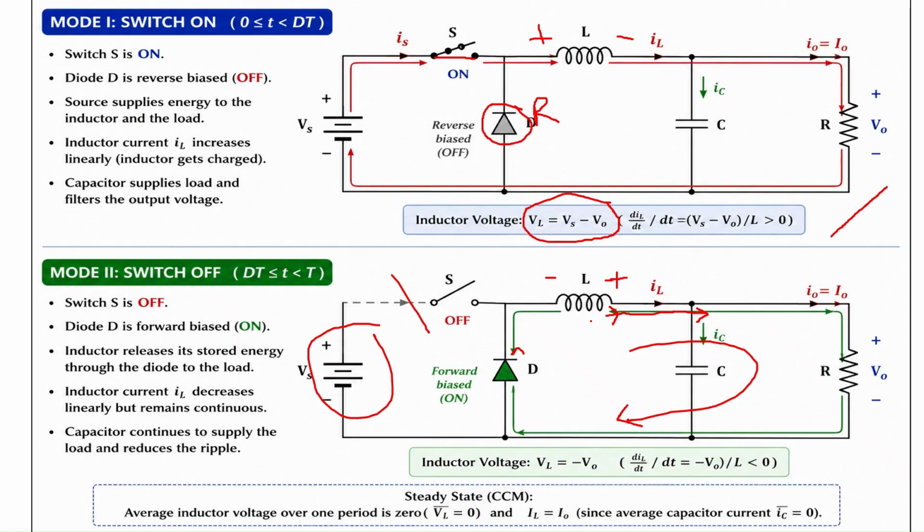So during the on condition, inductor current will be increasing, but during the turn off condition of the switch, inductor current will be decreasing. Okay, so these are the modes of operation of the buck converter.